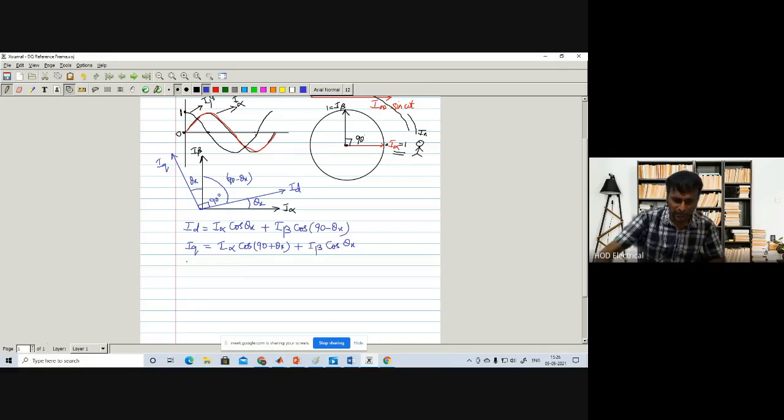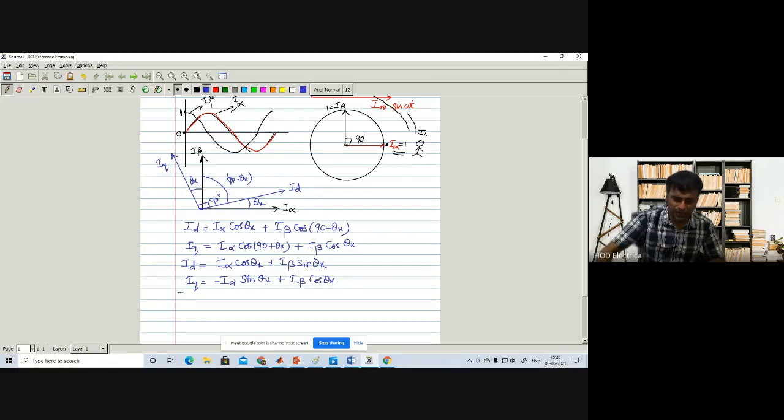So one can write ID as I alpha into cos theta x plus I beta into sin theta x. Then IQ equals I alpha into cos of 90 plus theta, which is minus sin theta x, plus I beta into cos theta x.